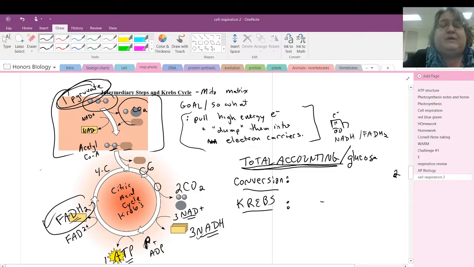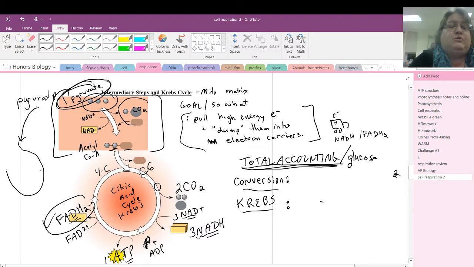And if it's 1 pyruvate molecule, that means there's another pyruvate over on this side that's undergoing its own conversion and its own Krebs cycle, generating its own electron carriers. So everything that happens on the right side happens to the other pyruvate on the left.